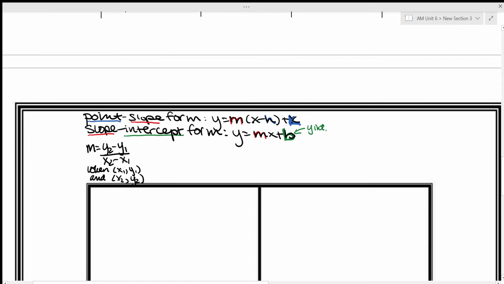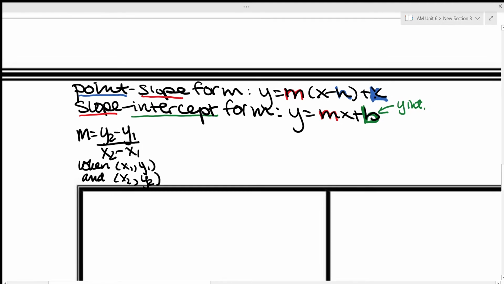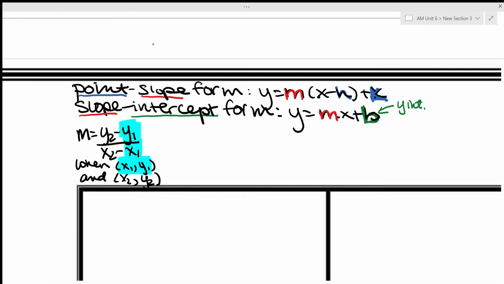What does the word say before the coordinates? When, and. That's how you use the formula. So your y1 and x1 come from one point, and then your x2 and y2 come from another point.